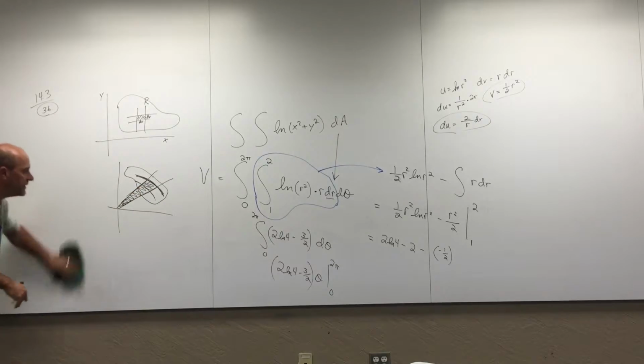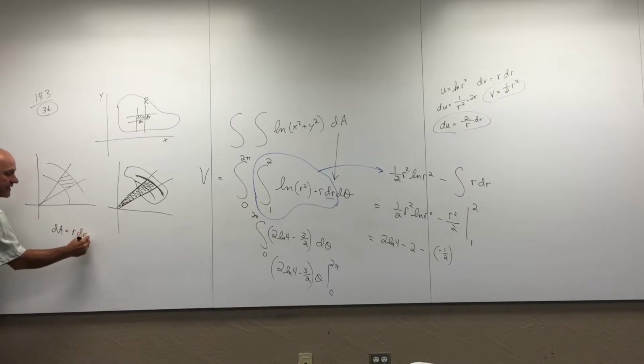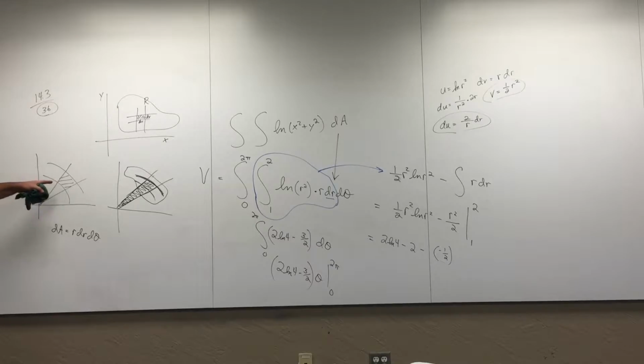What I'm trying to explain here is how do we get that r d theta? This dA is r dr d theta. Let me think this through a little bit. It's from this geometry.